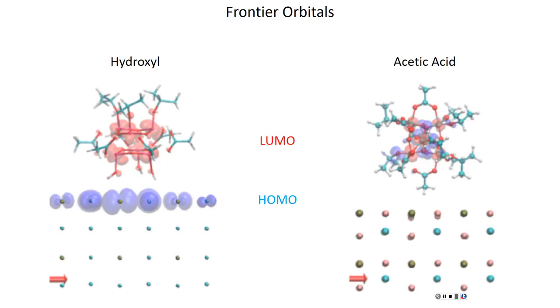So just to give everybody an idea of what the HOMO and the LUMO actually look like, this is what they are. The blue clouds are the HOMO, and the red clouds are the LUMO. In the hydroxyl case, they're actually distinct. In the acetic acid case, they're both localized on the titanium dioxide.